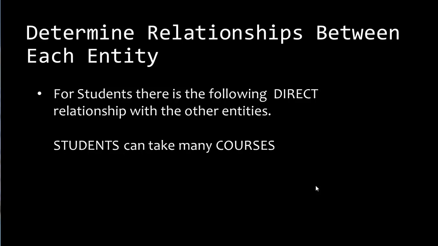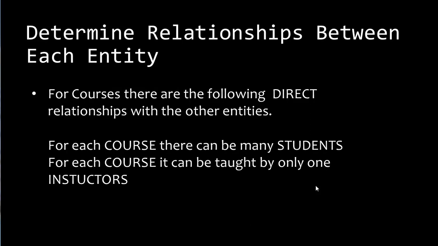If you read it, it basically says that a student should be able to take multiple courses. So the relationship between students and courses is that a student can take many courses. That's one of the relationships. For courses, there are the following direct relationships with the other entities. For each course, there can be many students.